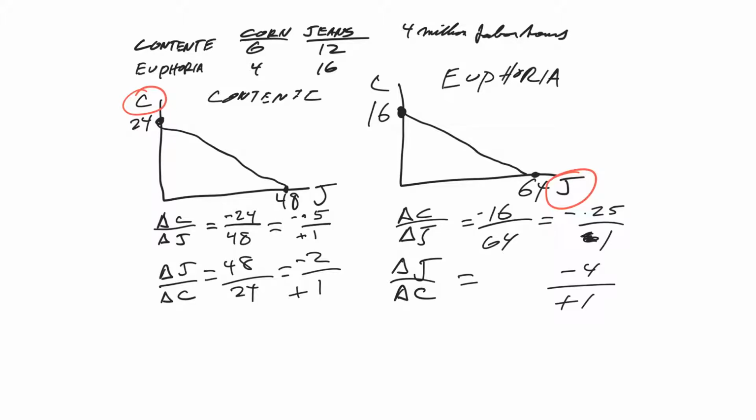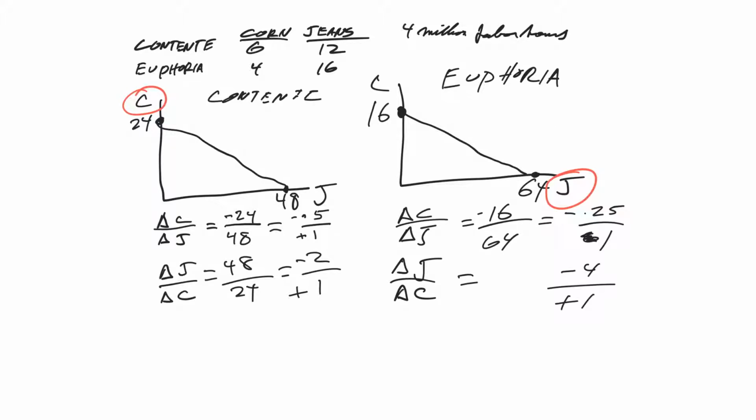Now it says where Contente and Euphoria are currently producing. Here's a slight little wrinkle in it. We didn't do this before, but we can easily do it now. It says Contente is using 1 million hours of its labor on corn currently.